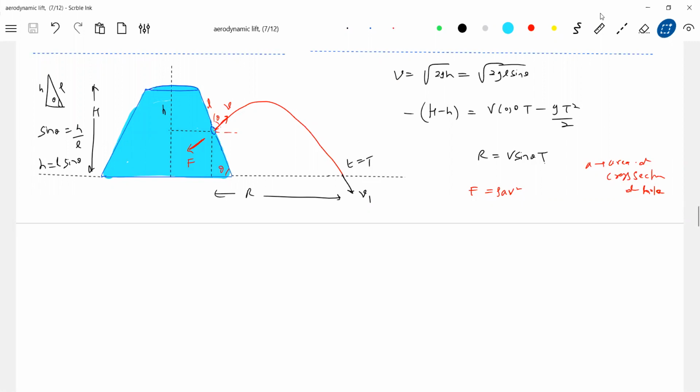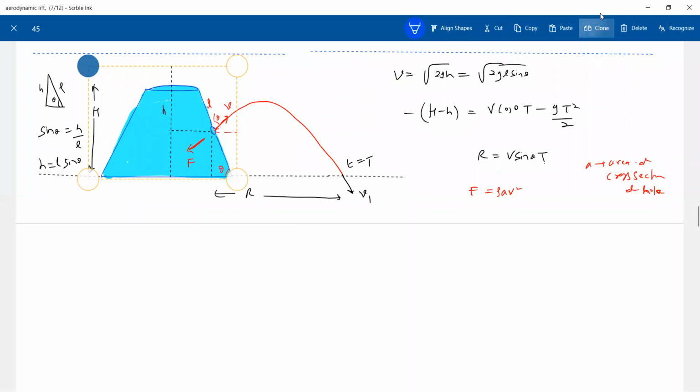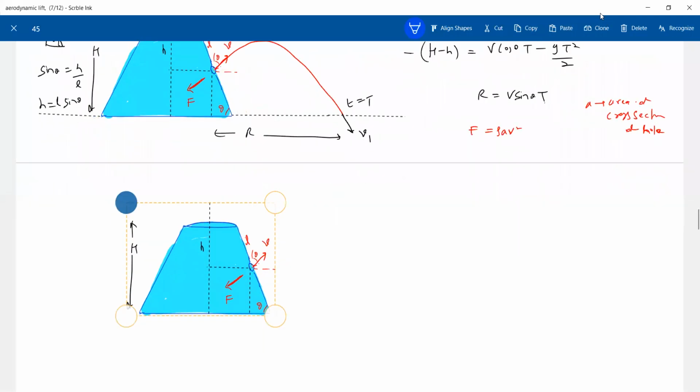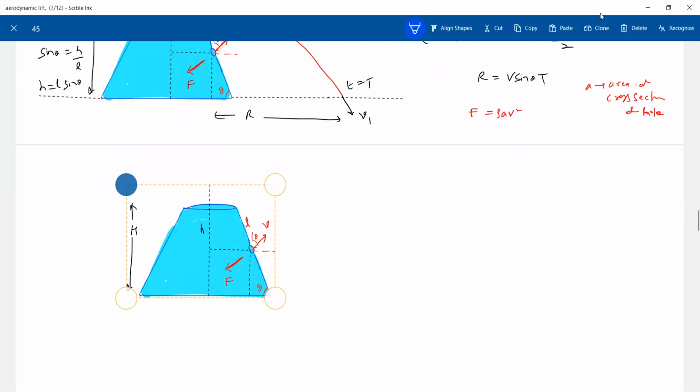Okay, now let me make the container. Small observation.